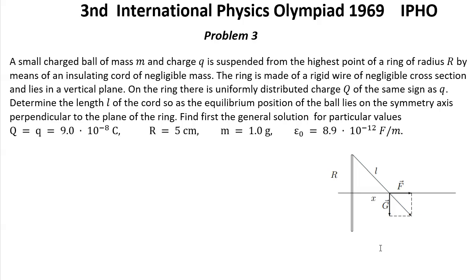Using triangle similarity, one can write that tangent theta, which is x over r, equals QE over mg.